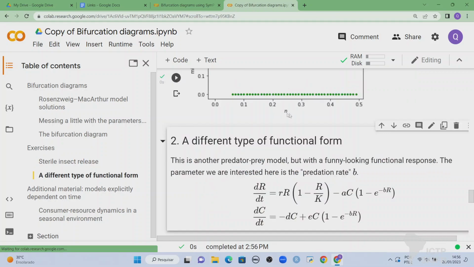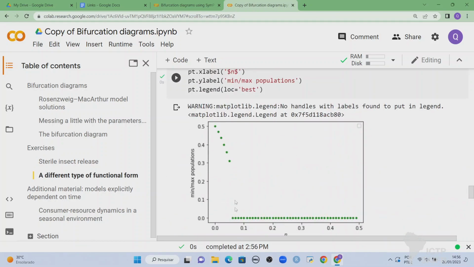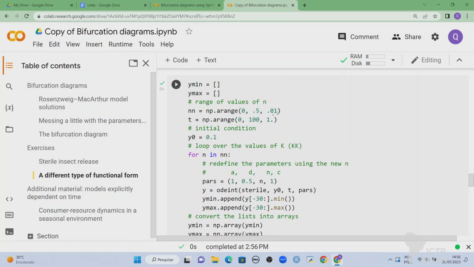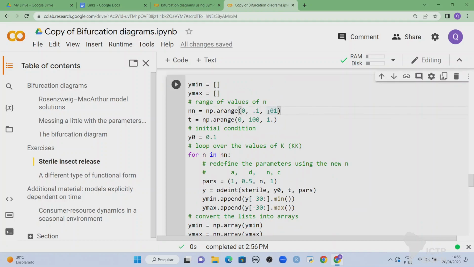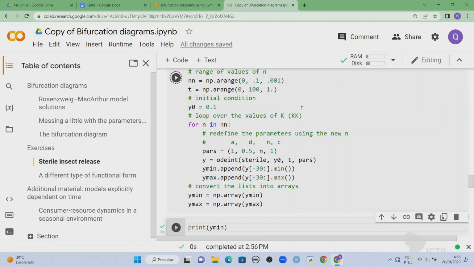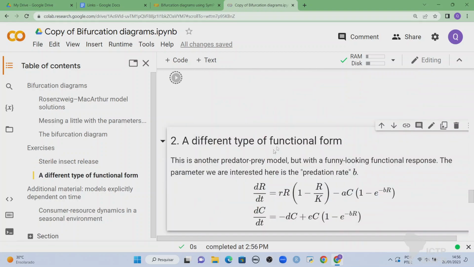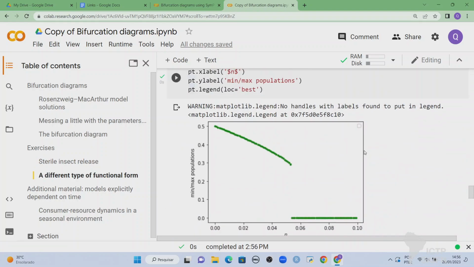This is kind of a large step here, right? This is not so nice, right? So to really be nice here, we have to go with n only up to 0.1, and here I can take smaller steps, right? So 0.001, right? I run this again. I plot this once again. And now it's nicer, okay?